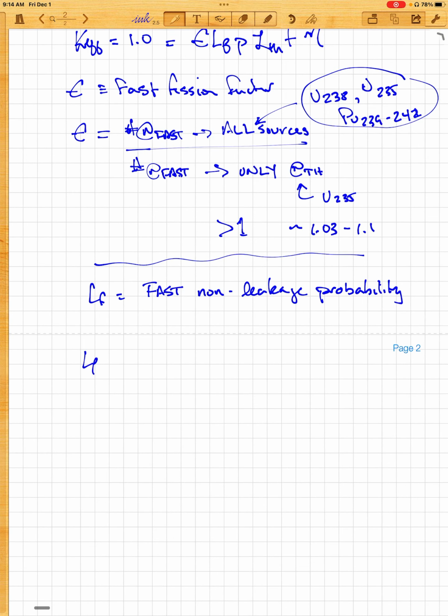So L sub F is going to equal the number of fast neutrons that start to slow, that are born, divided by the number of fast neutrons from all sources.